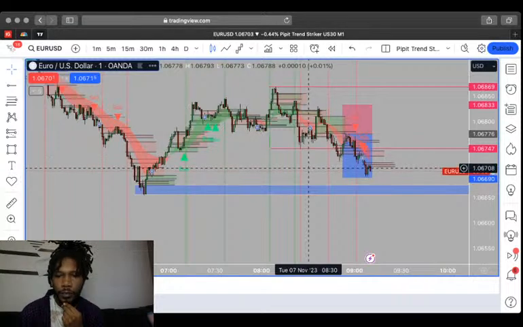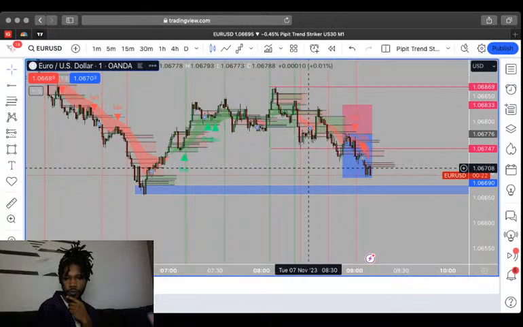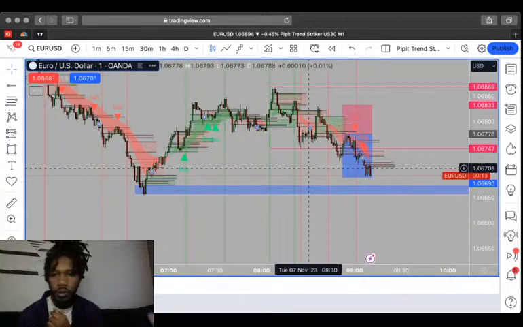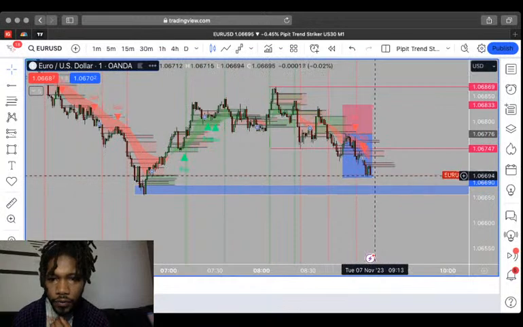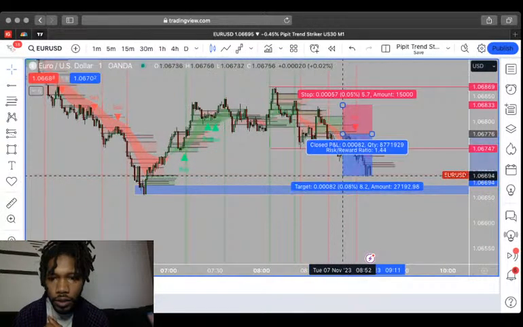All right. Let's see. We're gonna get that push. Let's see. And yeah, I'm out. I'm not gonna be greedy. That last few micro pips. All right. So that's it right there.